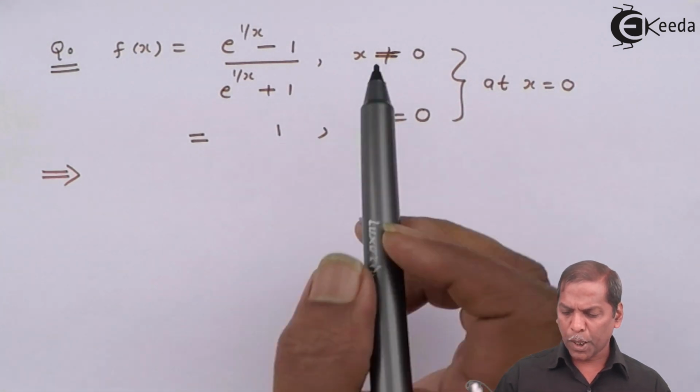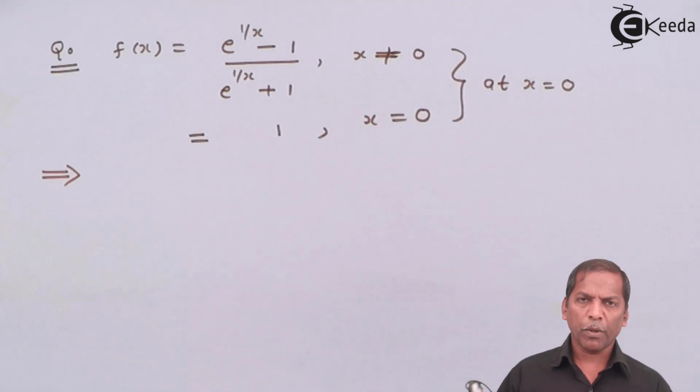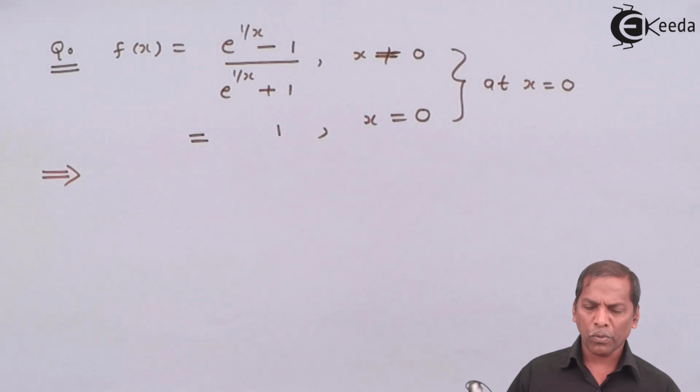First of all, x not equal to 0 means either x greater than 0 or x less than 0.